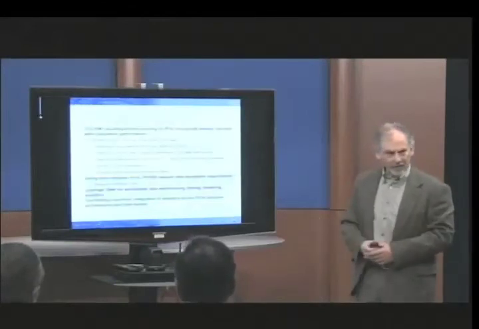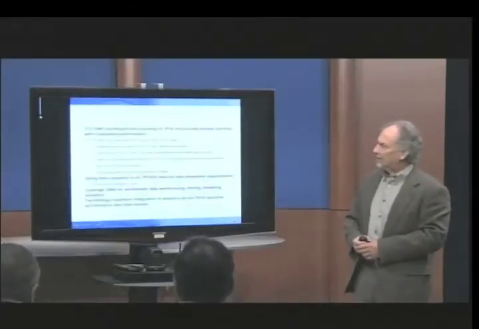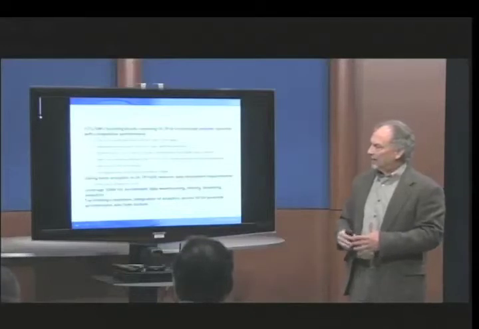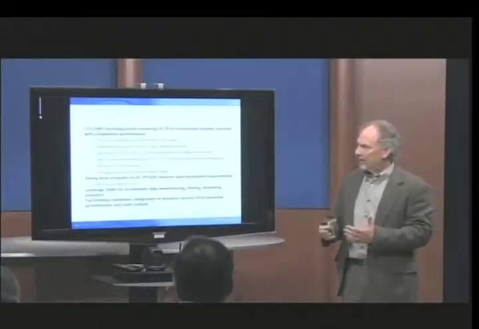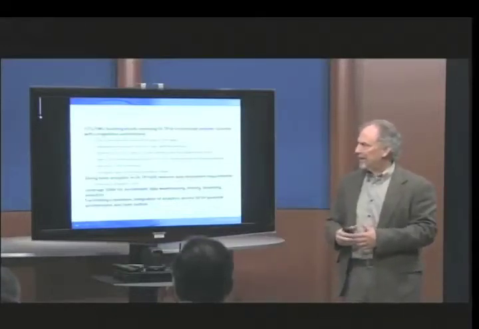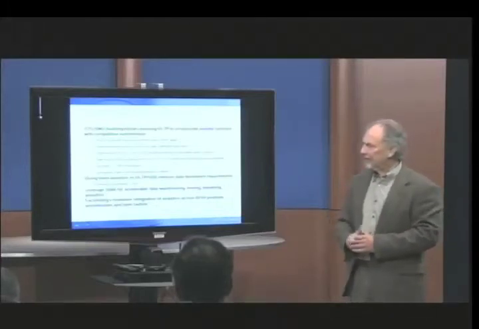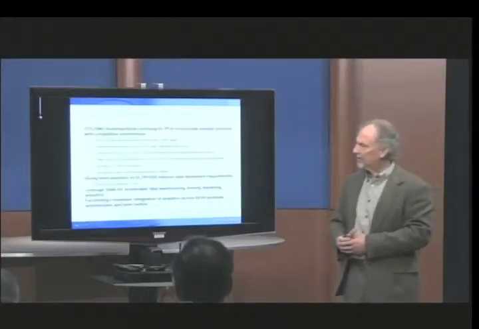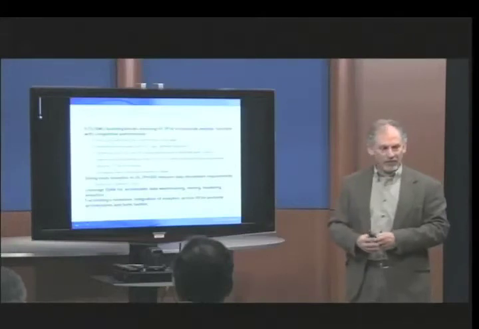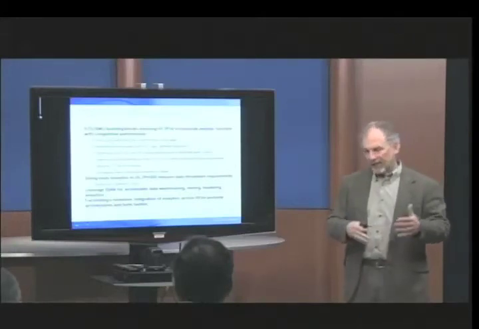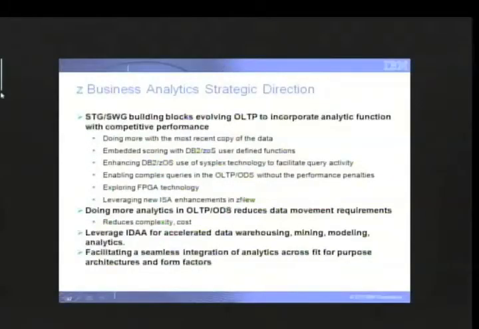So, summary chart. We are building the blocks that we need to evolve OLTP to incorporate analytics function into our OLTP environments. We're doing much more with the most recent copy of the data rather than have to copy everything off and do all the analytics on flash copies or older versions of the data.